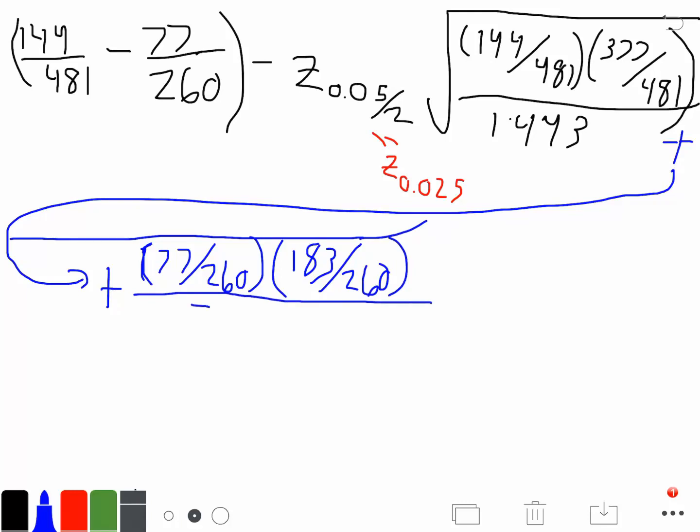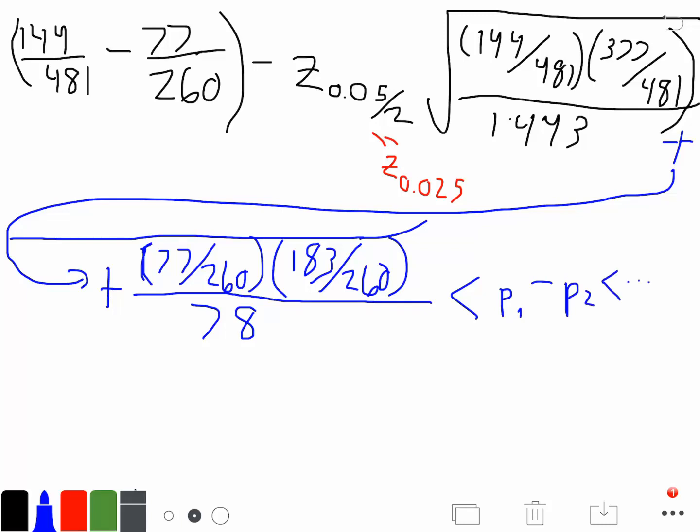That was N sub 2. Little technical difficulties here. Now, that 78 on the bottom was supposed to be a 780, so make sure you do fix that in your notes.